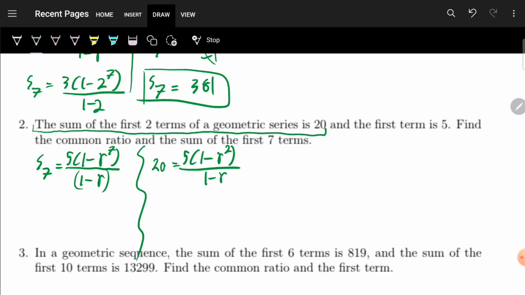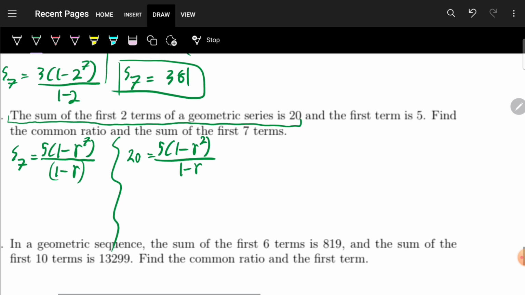What else can we write down here? The sum of the first two terms is 20 and the first term is 5, so we don't really need to write down anything else here. What we can do is take this, solve for r, and plug it in here. So that's what we'll do.